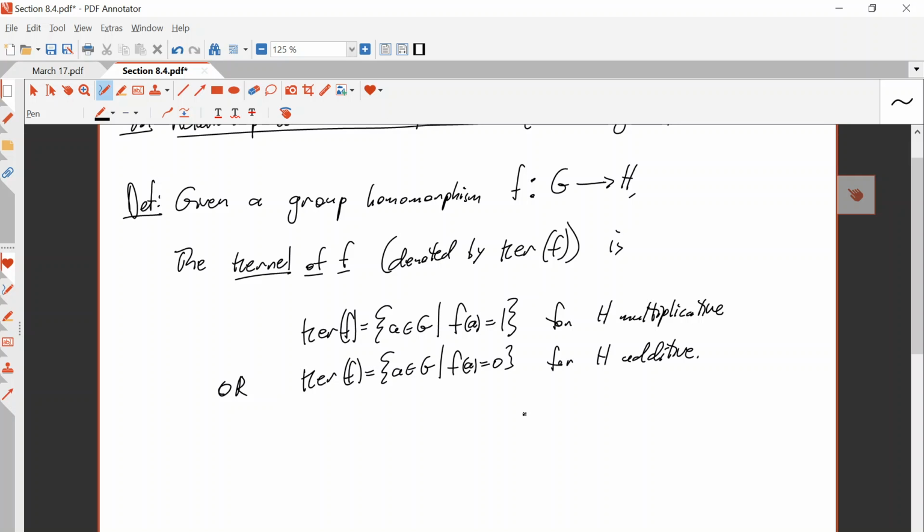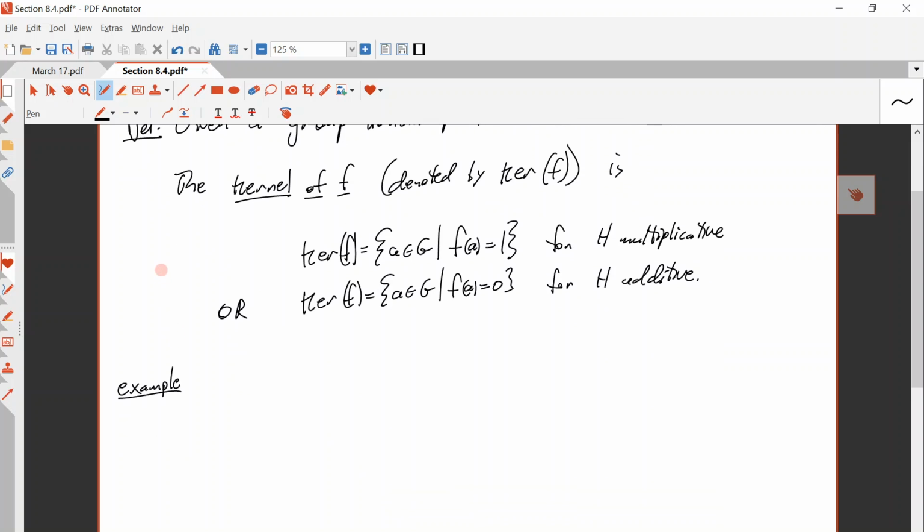So, for example, consider the group G. So, examples.